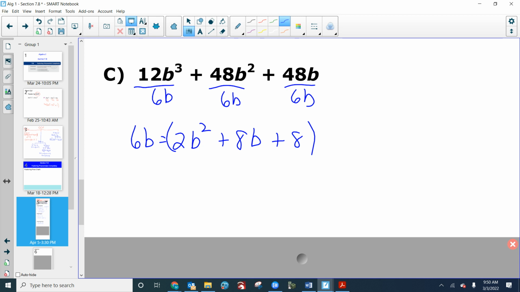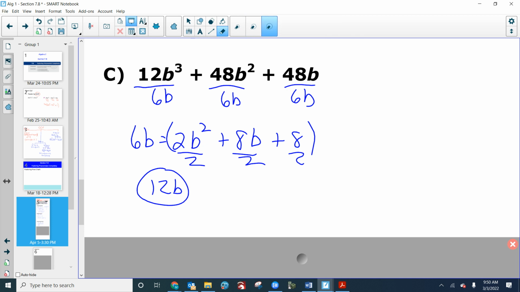Do you see it? I can still take a 2 out. Now, we'd have to do this again like this, and then you'd go 2 times 6, which is what? And that's our GCF. That's what we should have got to start with. Okay? So you can see if you take a factor out, you might be able to see, oh, it's not the biggest one. All right.